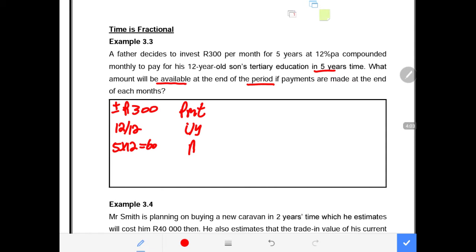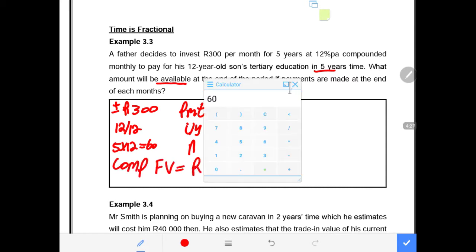So our n becomes the number of payments, which are monthly payments. That means a series of 60 equal monthly payments, earning the interest rate of 12% per annum, compounded monthly. And we need to know how much will be in the account at the end of 5 years. So we compute the future value of these payments.